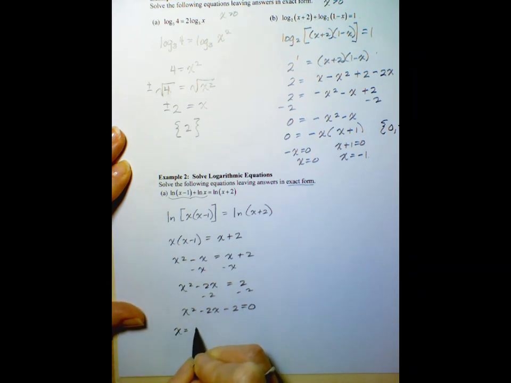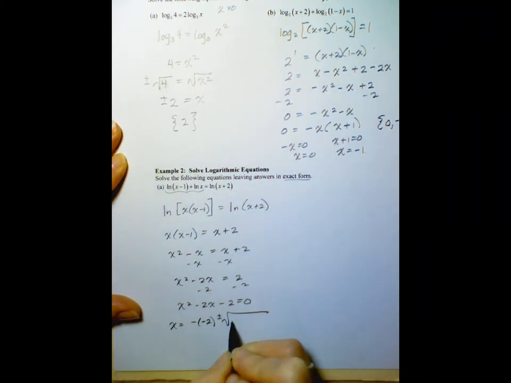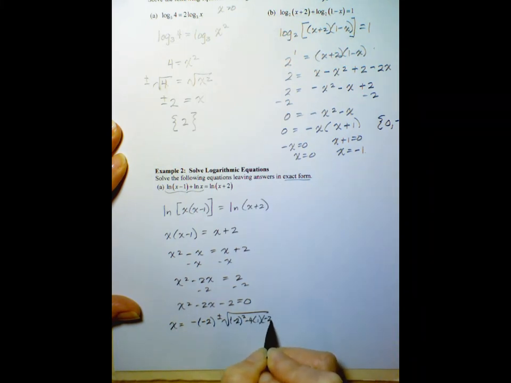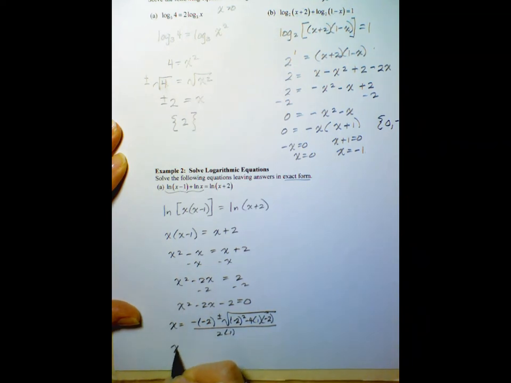X equals negative b plus or minus the square root of b squared minus 4 times a times c, all over 2 times a. So x equals 2 plus or minus the square root. Negative 2 squared is 4, and negative 4 times negative 2 is 8. So I have the square root of, what, 4 plus 8? Or 12, all over 2.